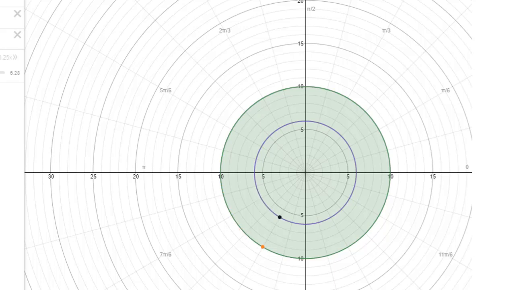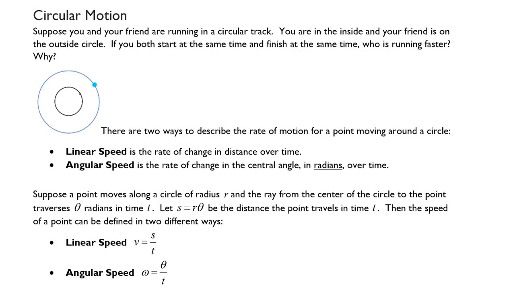So you may be saying to yourself, well, obviously the person on the outside circle is running faster than the person on the inside circle, which would be true. But why is that true? Well, if you are maintaining the same pace, that means that the angle that you are going through is staying the same.